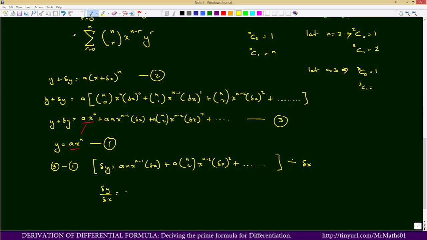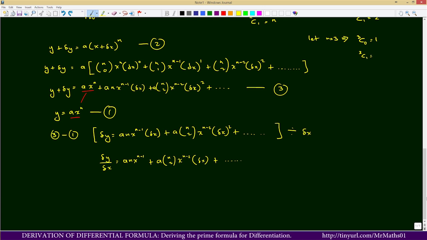So I'm going to have only a n x to the n minus 1. Delta x is gone. And the second term is a n choose 2 x to the n minus 2, delta x squared divided by delta x will have only delta x to the power of 1. And everything else follows.